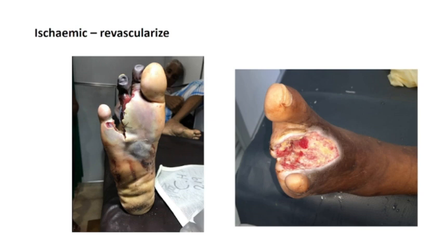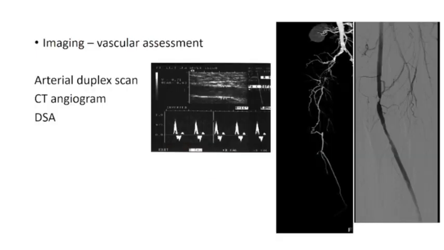Then we come into the picture, and we go and assess the patient's arterial tree. We do imaging, arterial duplex scans, CTs if necessary, digital subtraction angios if necessary. We assess where the lesion is and what could be done, right? So considering different patient factors and these anatomical factors, we decide either to do an open bypass or an angioplasty, right?